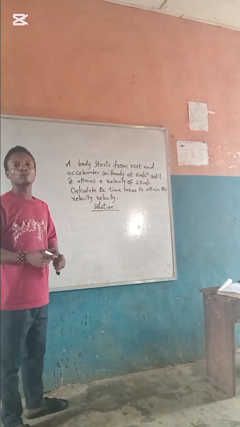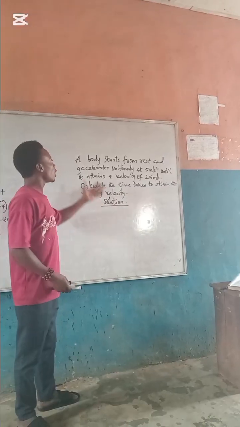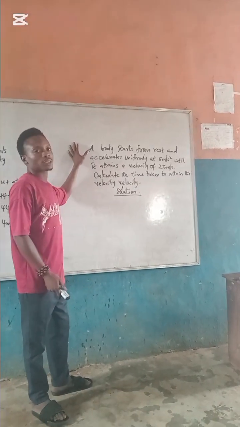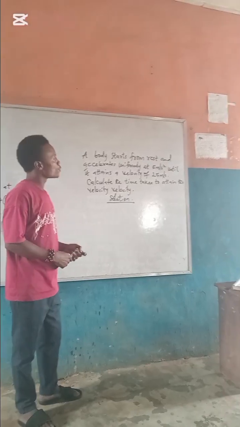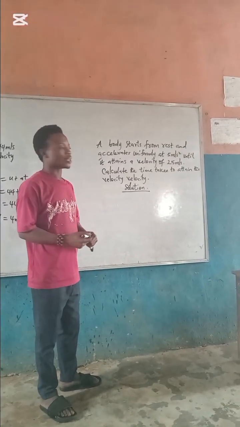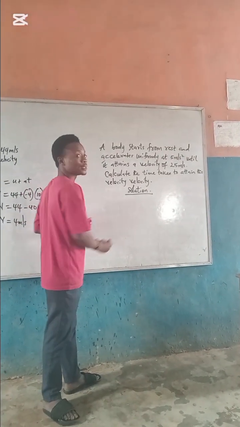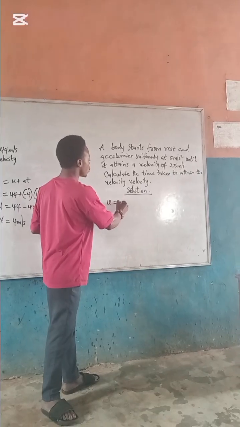In equation of motion, there are some language that you need to be acquainted with. When you hear that from rest, the initial velocity represented by U is equal to 0.